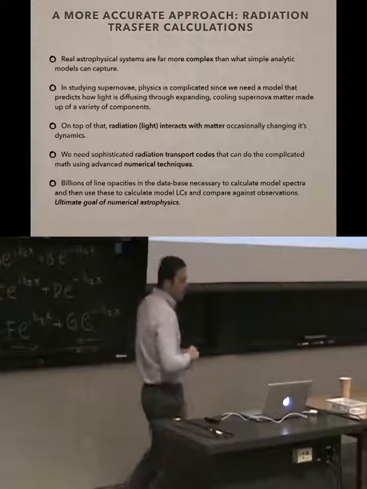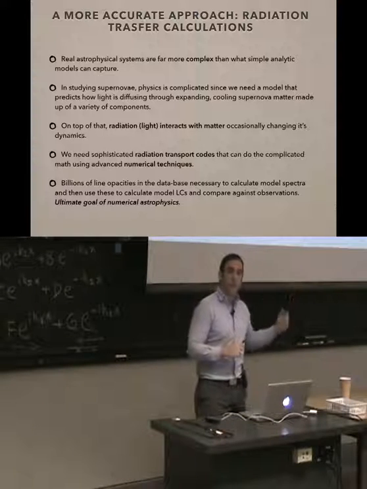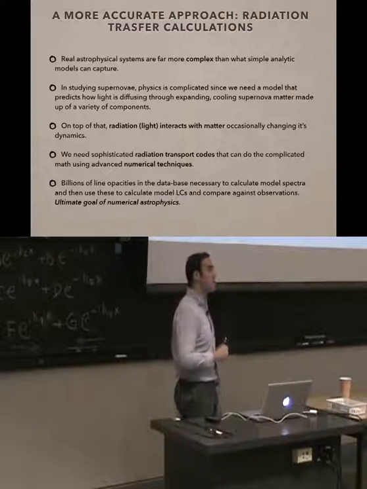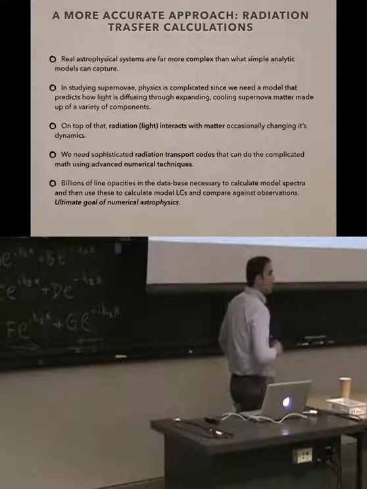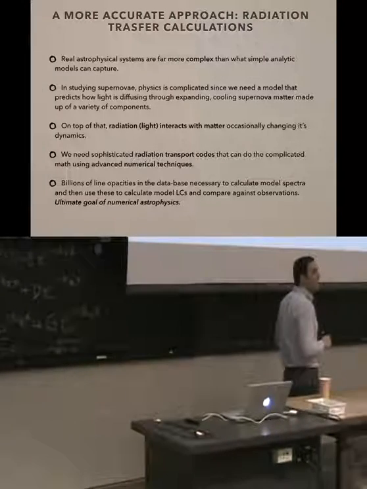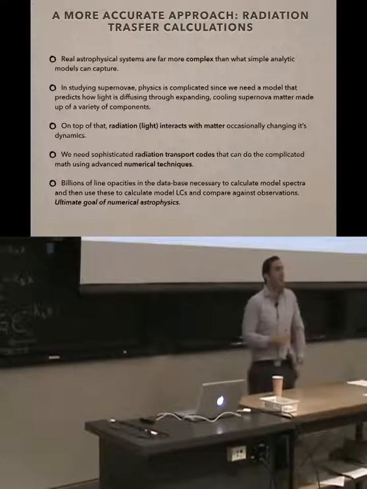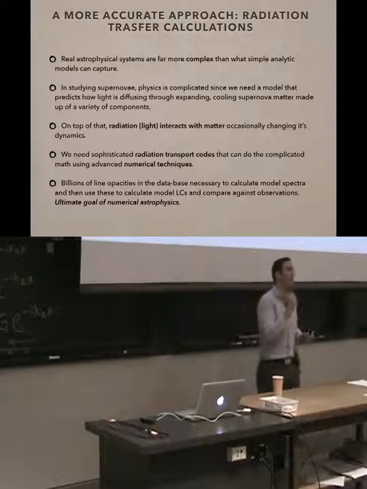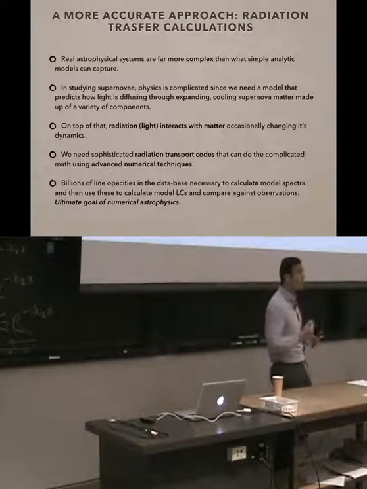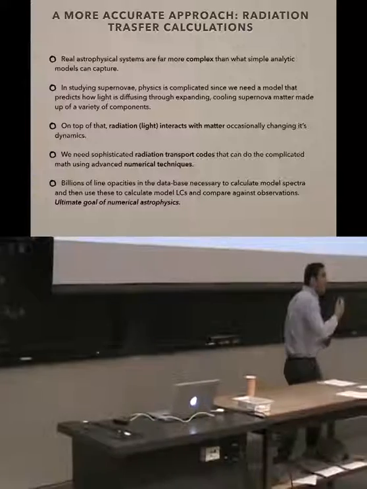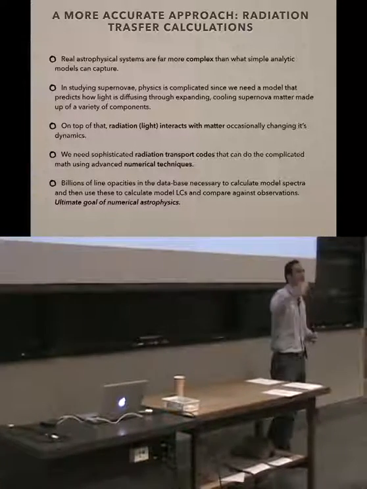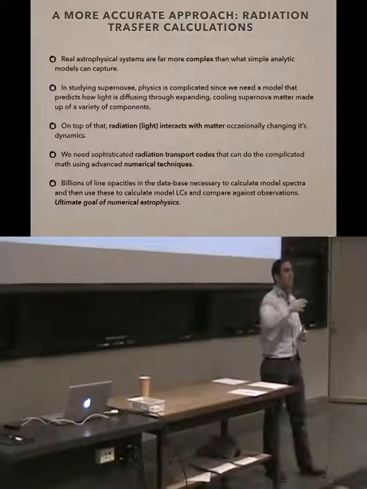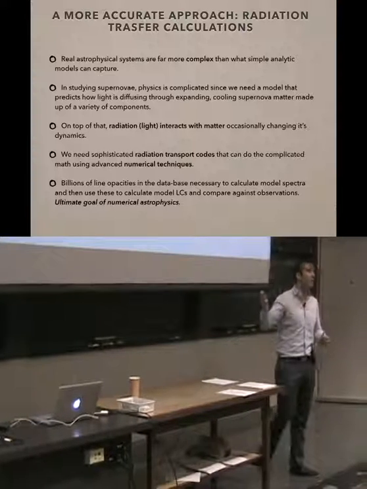And we do this by creating codes that can do this. Some of these codes are thousands of lines long. Some of them are millions of lines long. And the data that we get are what we need to do this accurately. For example, in some codes, we need to know the opacities exactly for the different materials, for all the series of materials, and for all different levels of ionization.